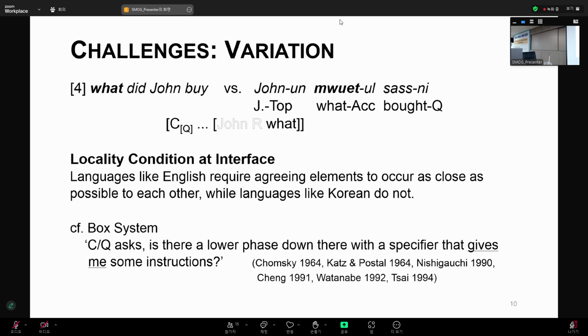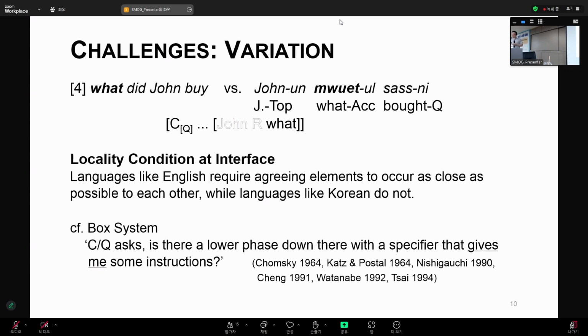Languages like English probably require agreeing elements, in this case CQ and the WH phrase, to occur as adjacent as possible to each other, while languages like Korean or Japanese do not have that kind of locality condition.